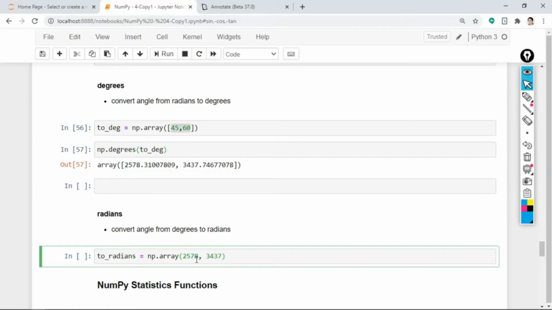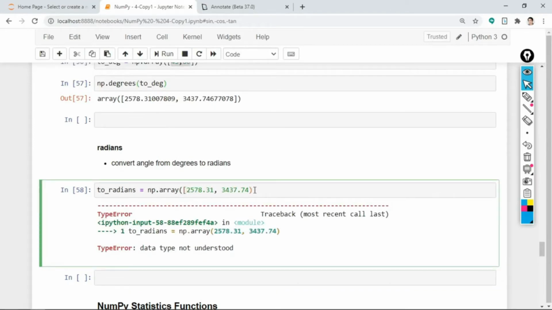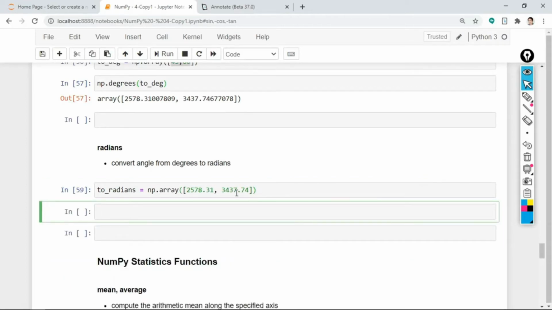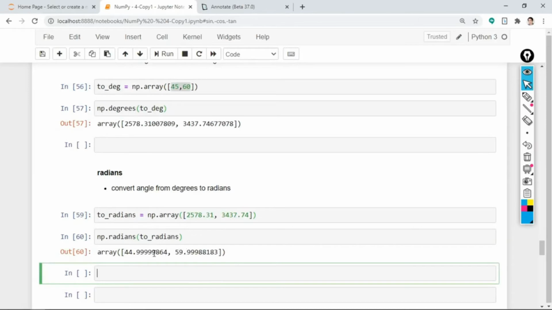Let's have some precision here: 0.31, and this one is 0.74. Wait, I missed the square bracket. Okay, alt enter. So we have np.radians, and we have exactly the same, 45 and 60 closely.